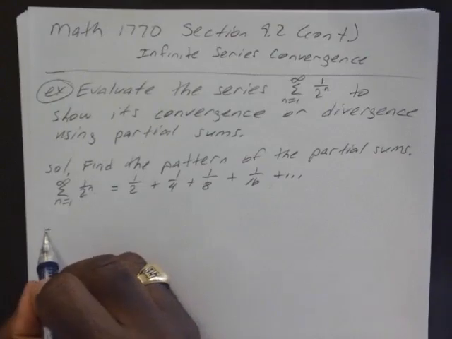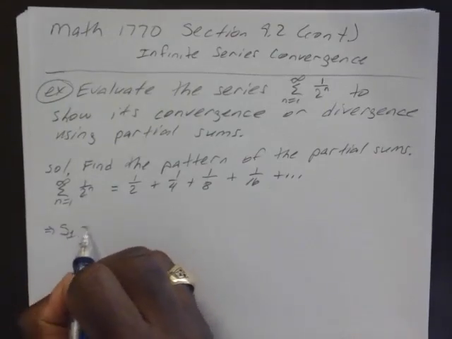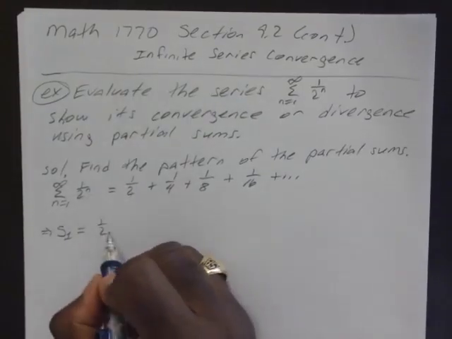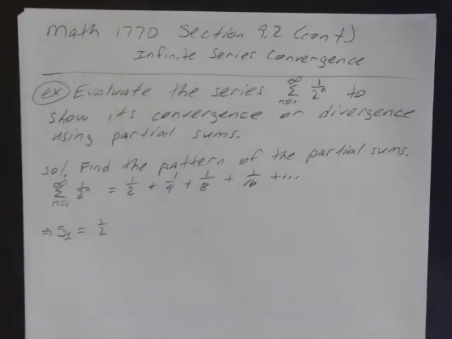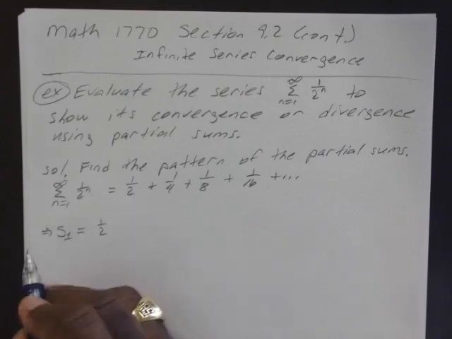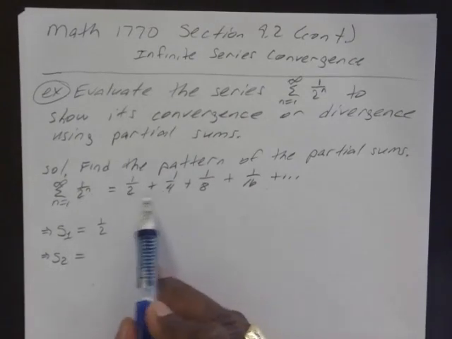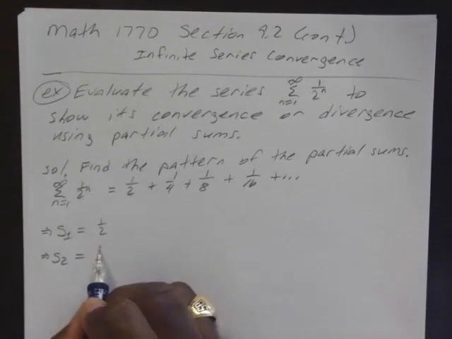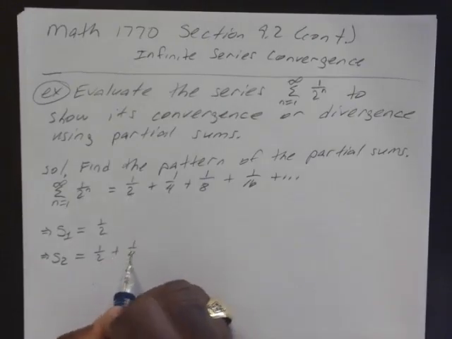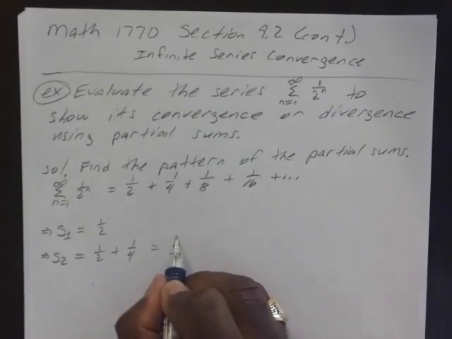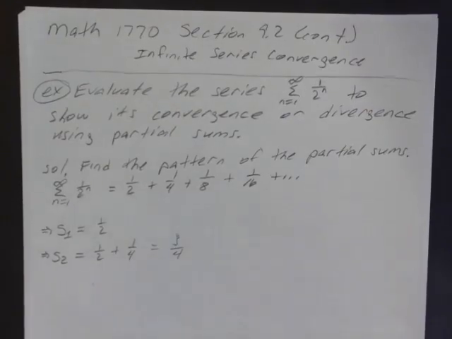Okay. So we know that our first partial sum is just the first term, which is 1/2. And our second partial sum, we add the first two terms. So it's 1/2 plus 1/4. We'll change that 1/2 to 2 over 4. Then we get 3 over 4 as our second partial sum.